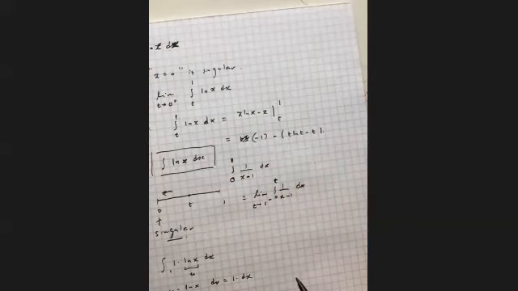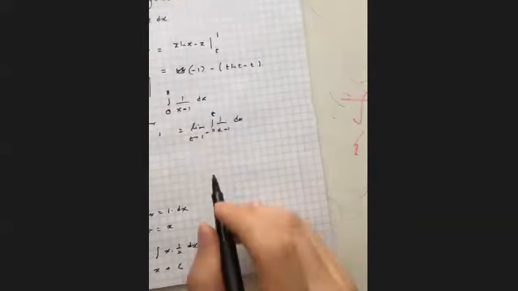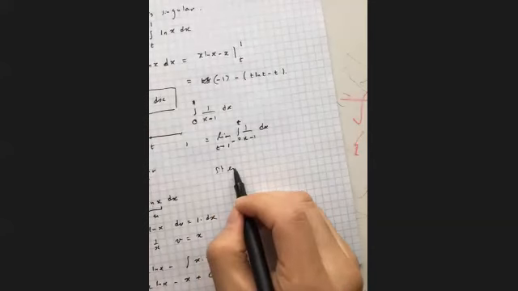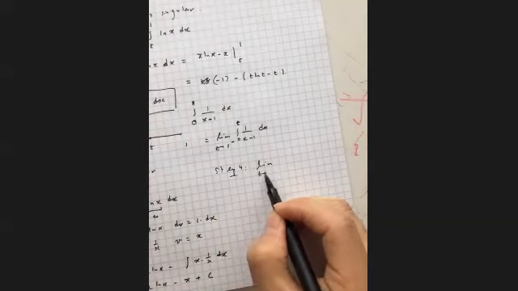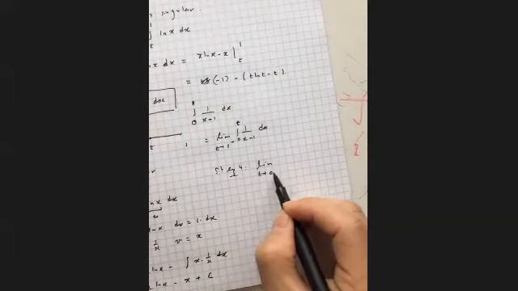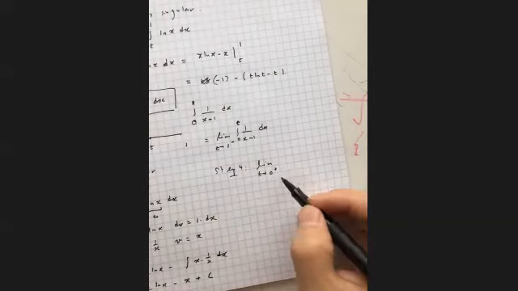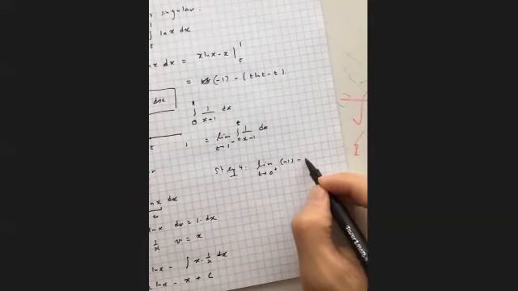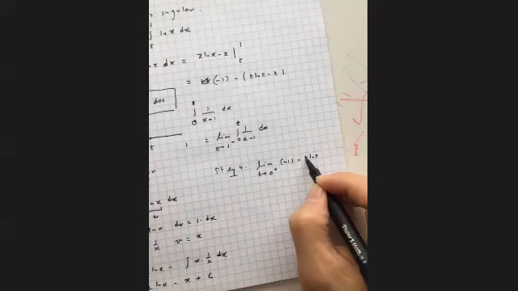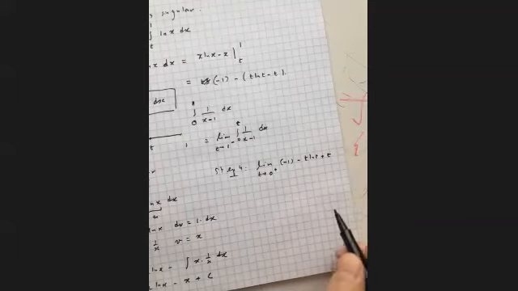So this is the expression. Step 4, we take the limit when t goes to the singularity point, which is 0, sorry, of negative 1 minus t log t plus t.